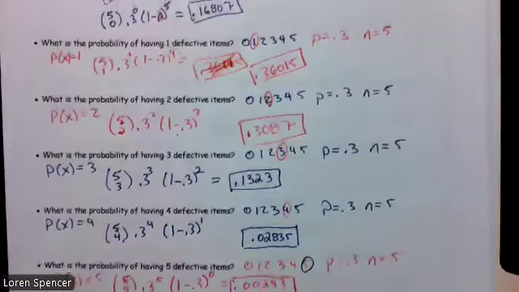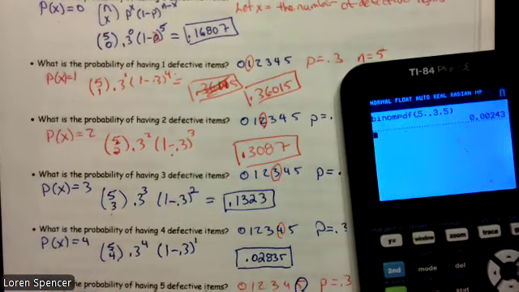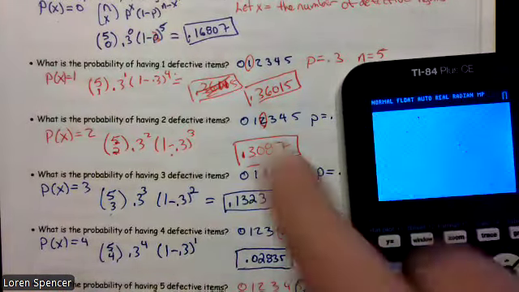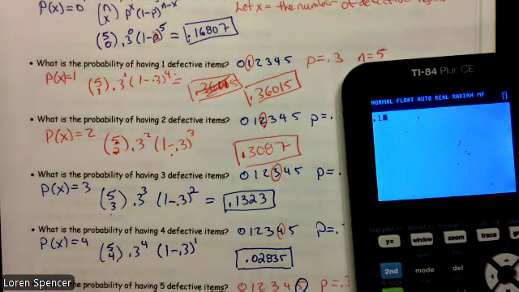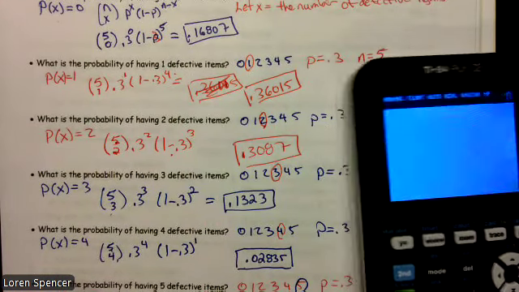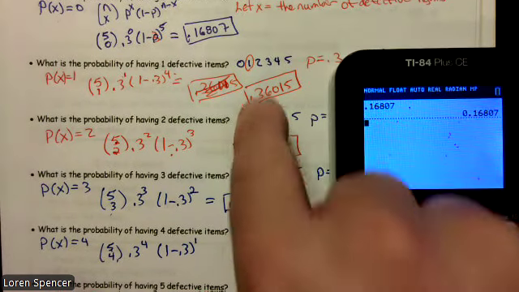Okay, next thing it asks, what is the sum of all the probabilities? So I'm going to start adding these up. I need to start off with this first one, the probability 0.16807.